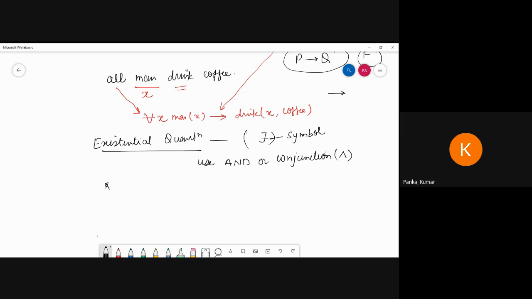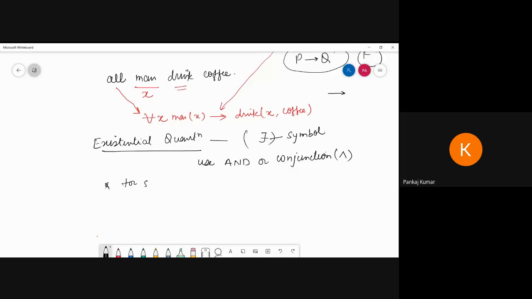Now see here, for all x is the universal quantifier. If you want to read the existential quantifier, it is for some x, or we can read it as for at least one x. This is the way of reading.